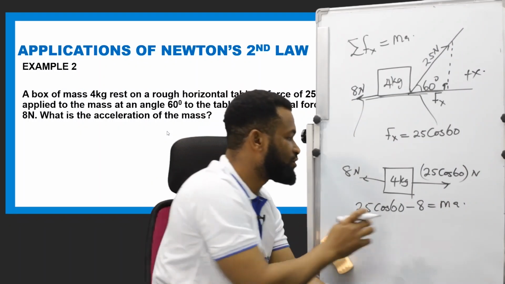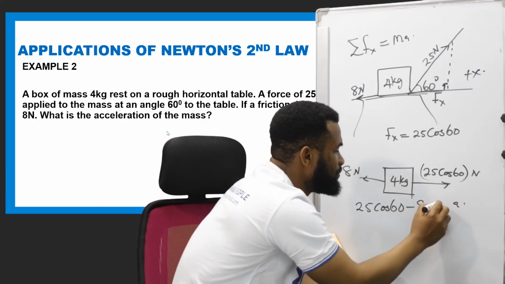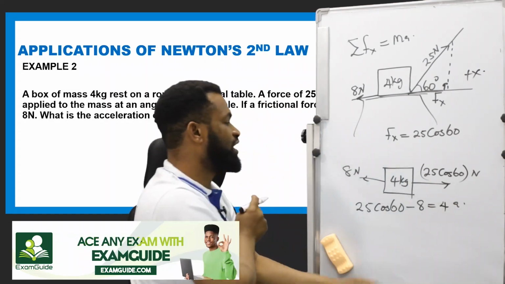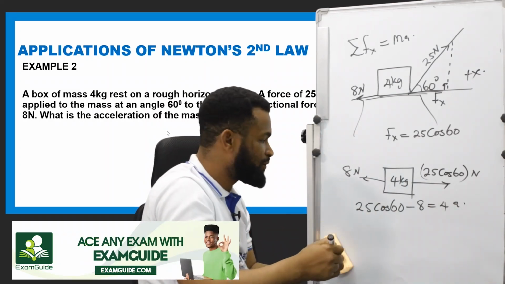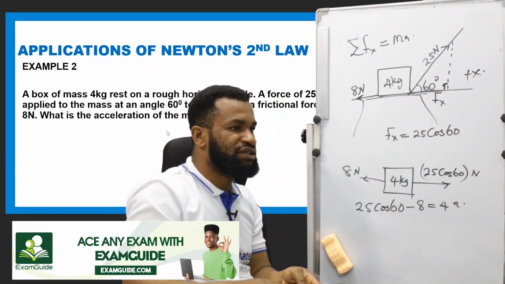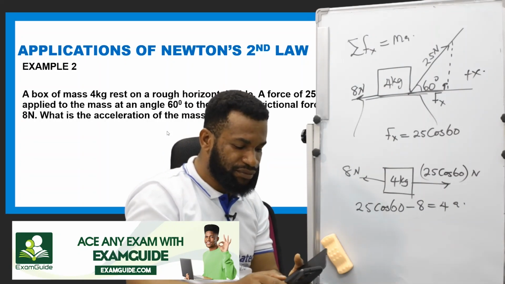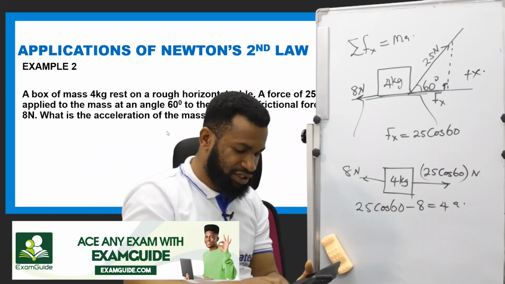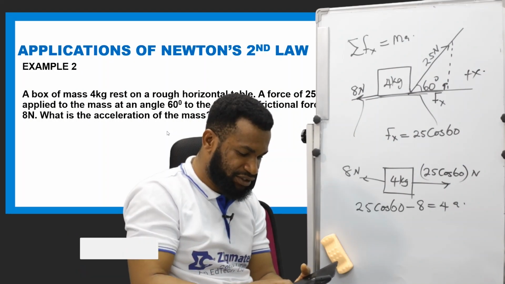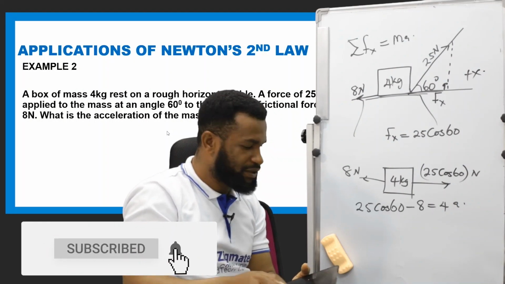I'm looking for acceleration. So what is the m? M is 4. That is the mass of the body. So let's find cos 60. Cos 60 is 0.5. Cool.